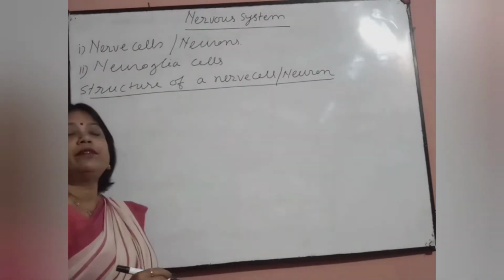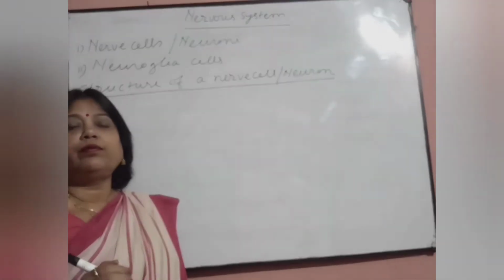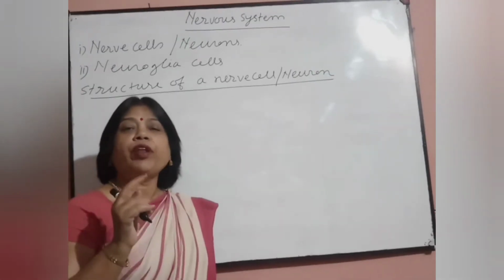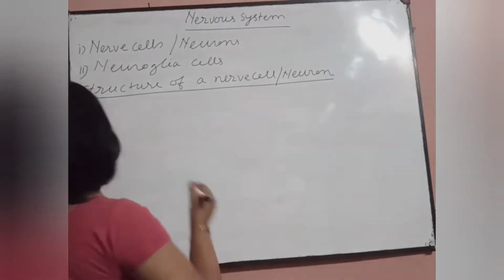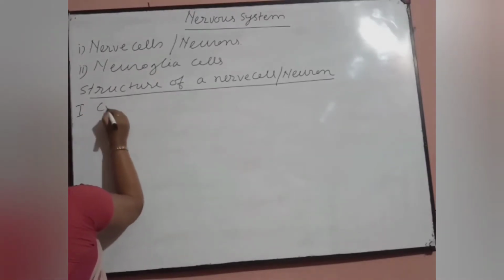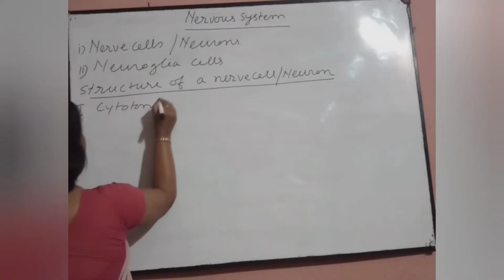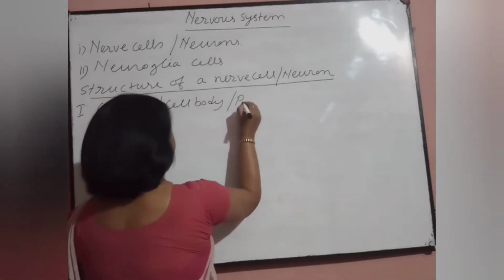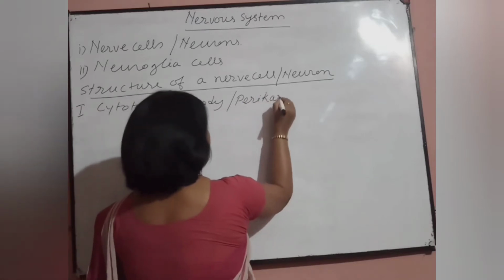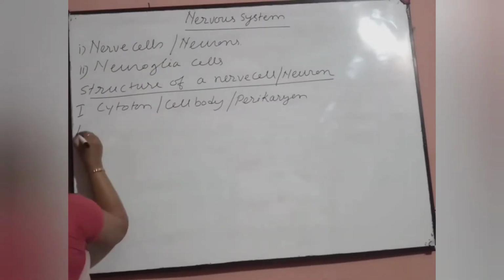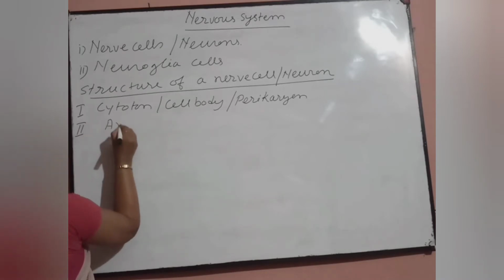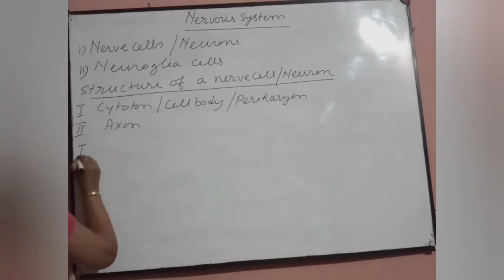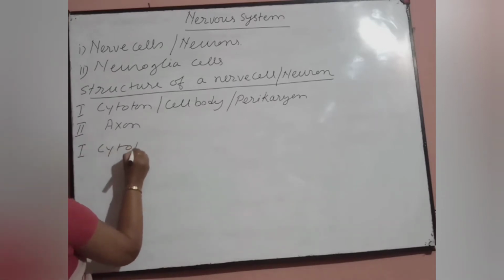The nerve cells consist of two main parts, or we can say that a neuron has two main parts. The first is the cytone, or cell body, or perikaryon, and second is the axon. First, cytone.